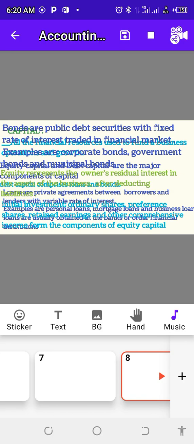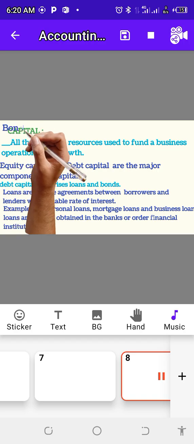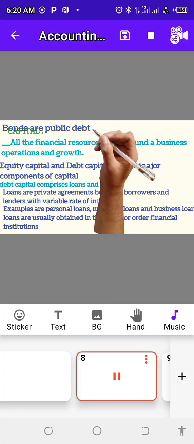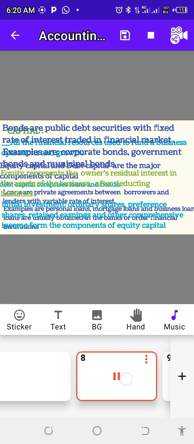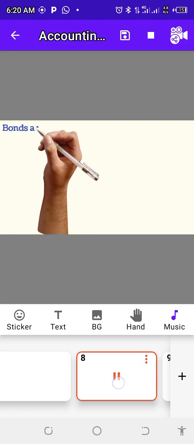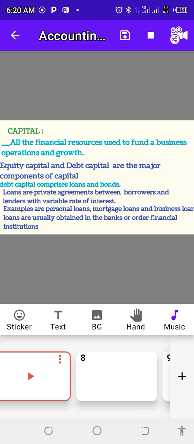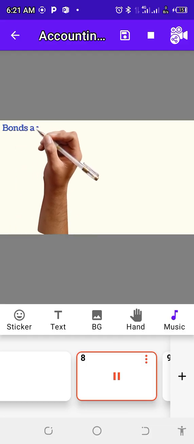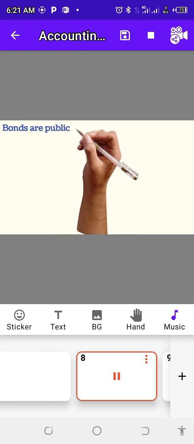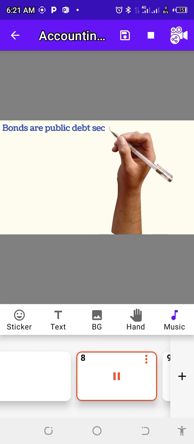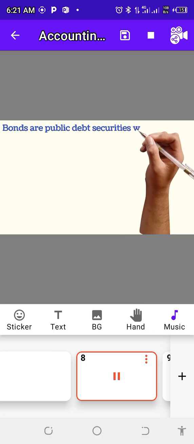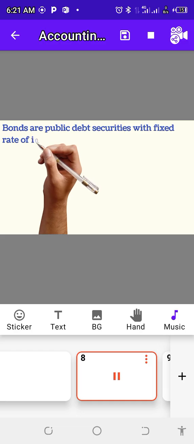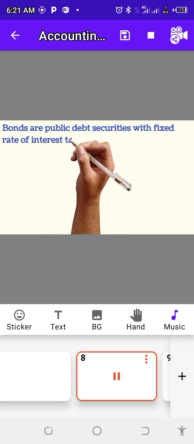Now, bonds. Bonds are public debt securities with a fixed rate of interest, traded in financial markets.